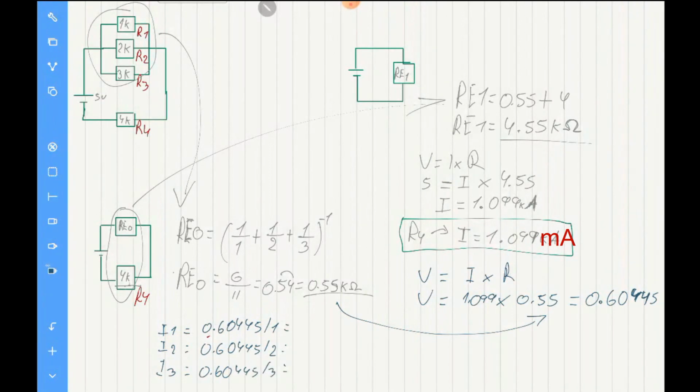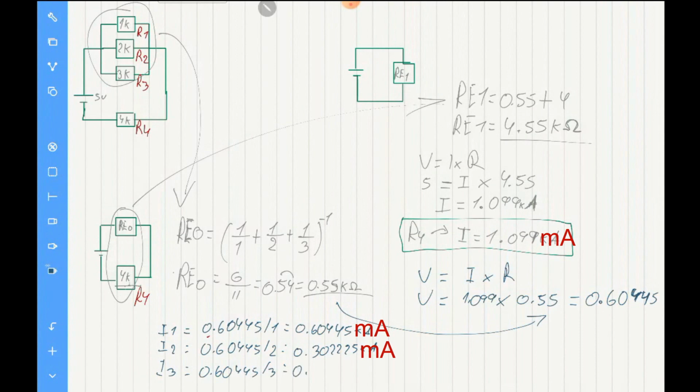The first one, of course, is the same. The next one will be 0.30225, maybe, let's approximate.